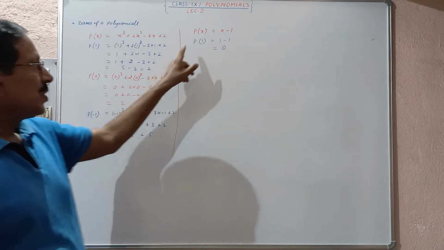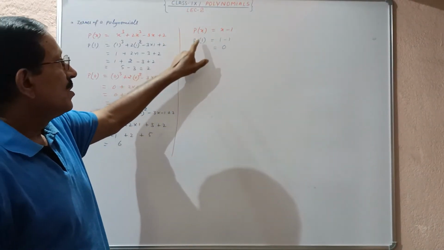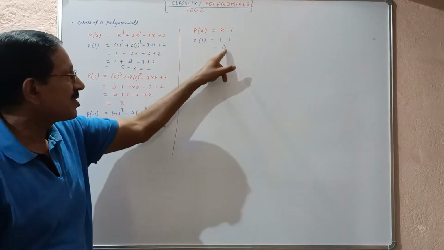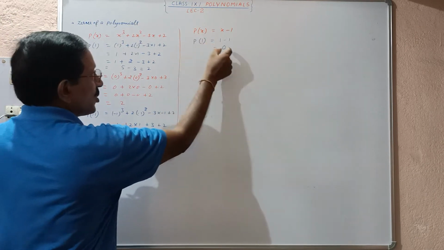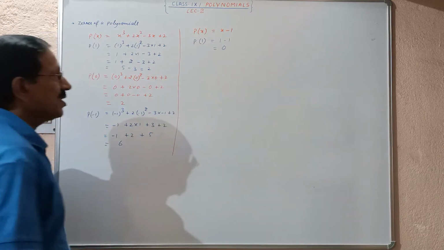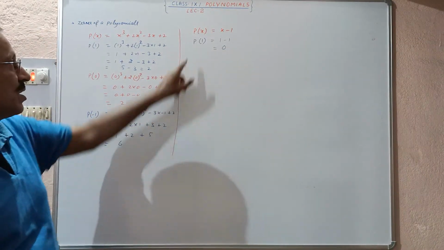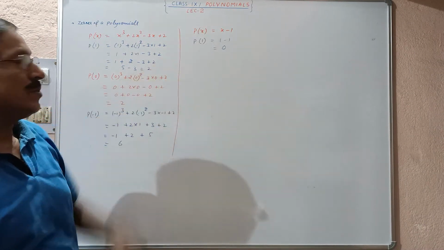So here we want to say that when p(x) equal to 0, that means the value of the polynomial is 0, then x equal to 1 here is known as the zero of this polynomial p(x).